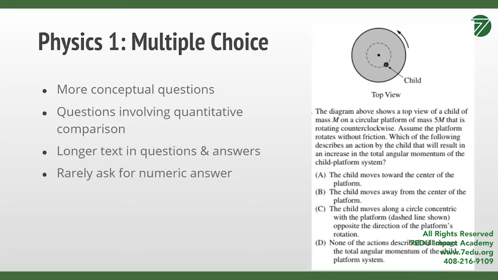The questions also involve quantitative comparison. Instead of having the child and the circular platform have exact masses like 1 kilogram and 5 kilograms, it has mass m and mass 5m. That's pretty typical for Physics 1 and Physics 2 questions.